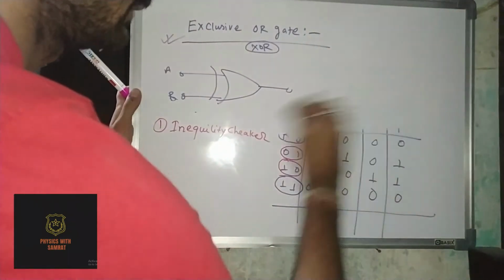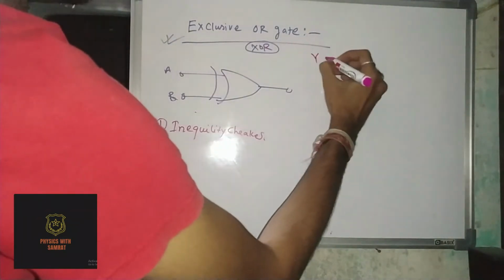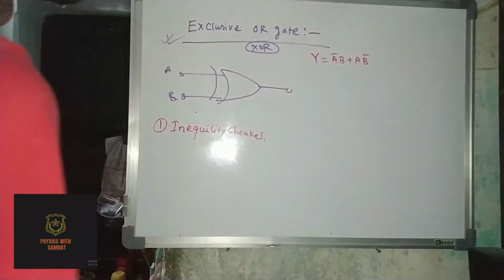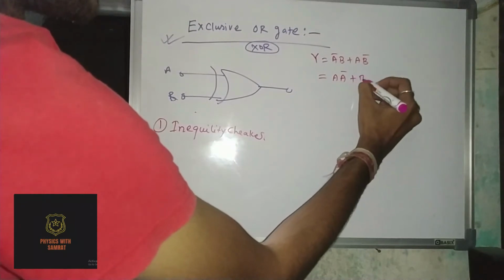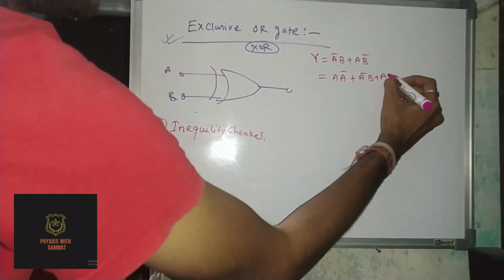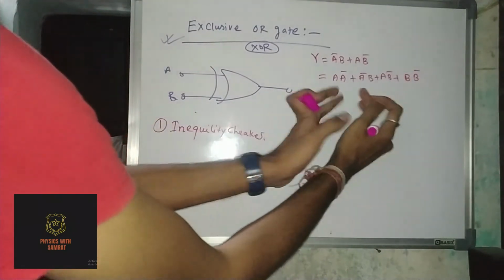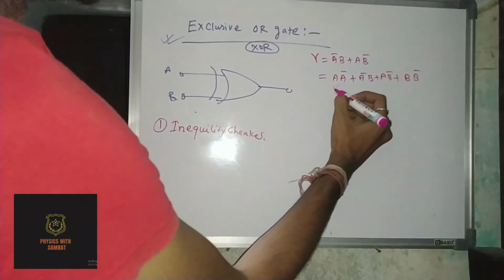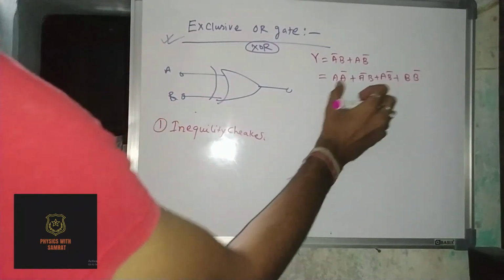Okay, let's see another thing. Y is equal to A bar B plus A B bar. Okay, now add A bar A plus A B bar plus A B bar and add B B bar. We can add this because this is 0, this is also 0, so no problem will arise.